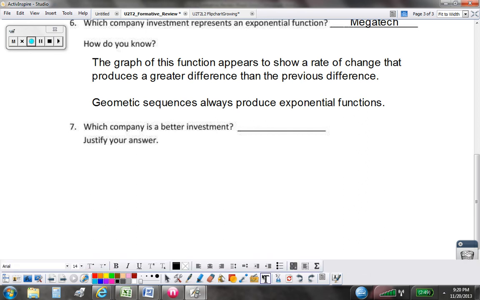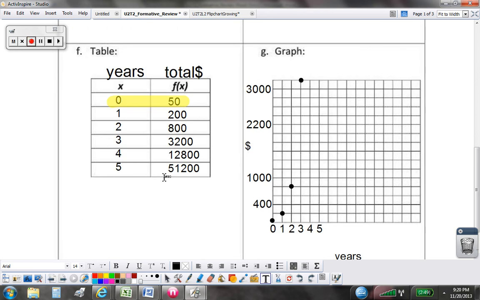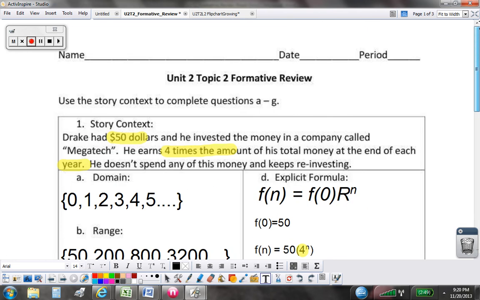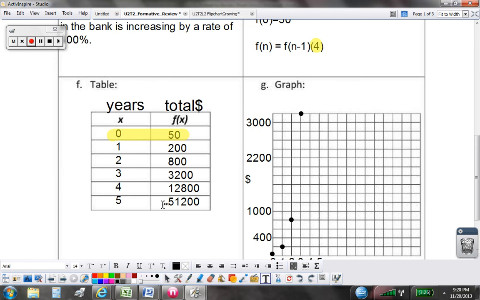Alright, lastly, which company is a better investment? Well, in 5 years, you're going to be paid out 3,100, and that 3,100 is from Biotech. The Megatech will pay out 51,200 in the same amount of years.